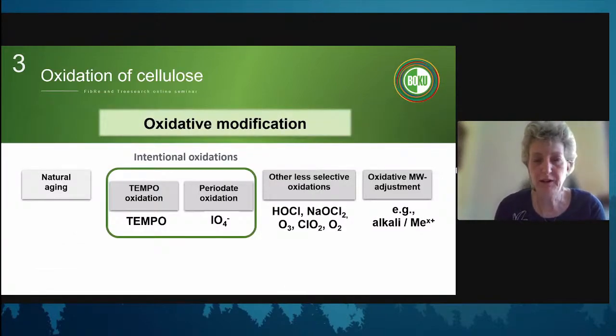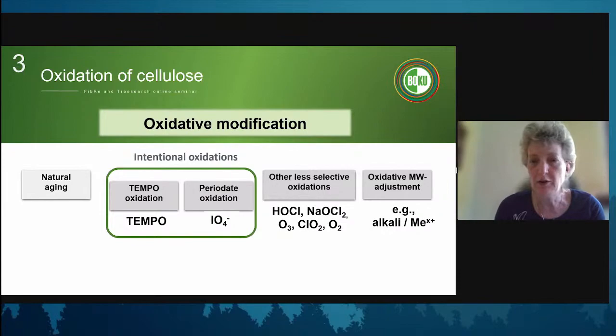So oxidative modification. We can basically divide them into intentional and non-intentional oxidations. The most straightforward oxidation is natural aging. So the oxidation just happens at a slow speed. We cannot stop it. We can just slow it down. And then we have a number of oxidations occurring also in an unwanted way. This is usually during bleaching, where we try to get rid of something else, either chromophores or lignin.